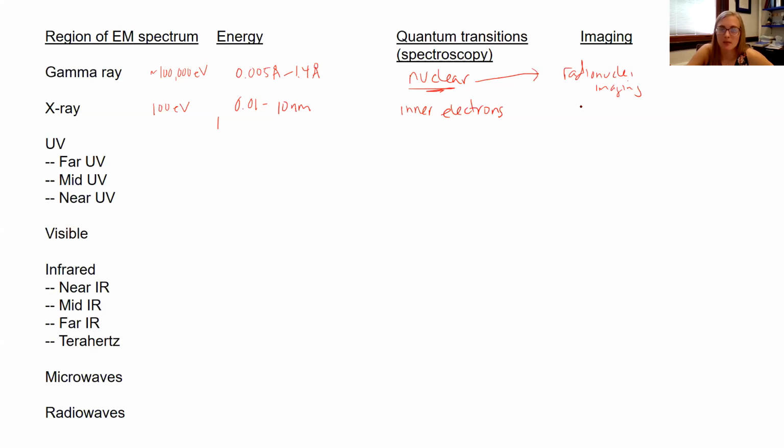If you think about gastrointestinal imaging, you might have to take a radioactive tracer. That's how gamma rays are used.